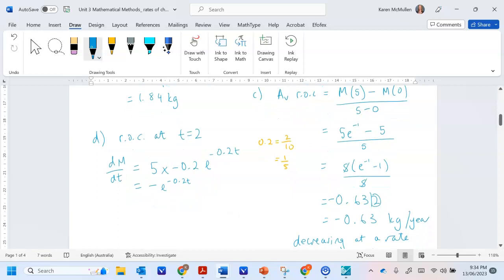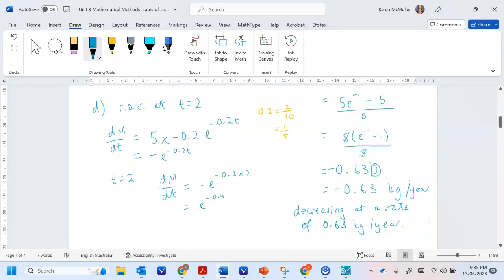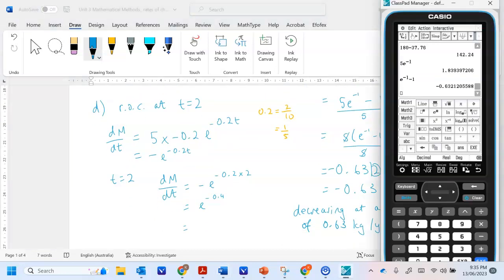We want it at t equals 2. So dm dt is equal to negative e to the power of negative 0.2 times 2. If we were giving the exact value, that would be 0.4. If you had a fraction as your power, that's also fine. Let's plug it in. We got negative e to the power of negative 0.4, and negative 0.670.